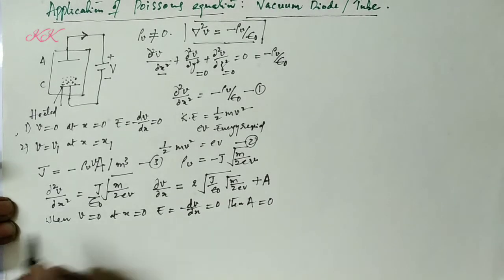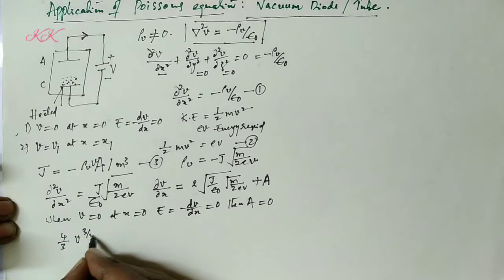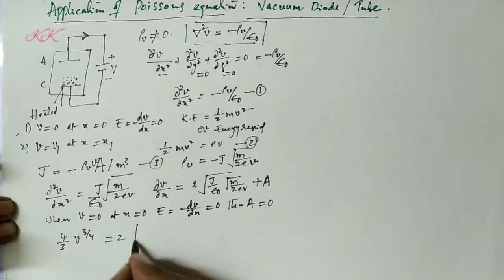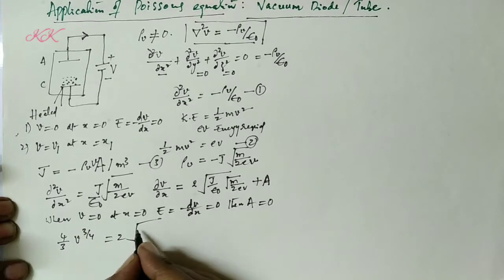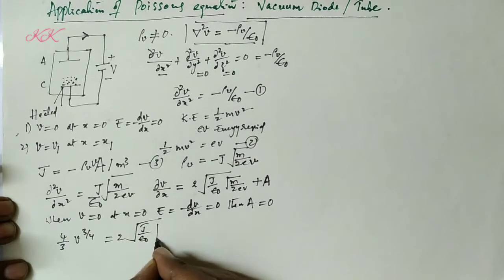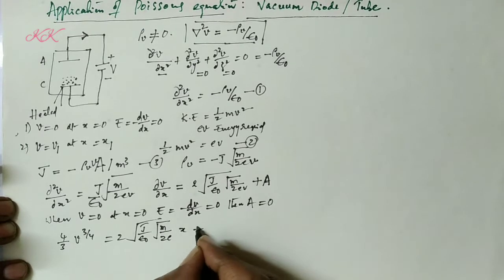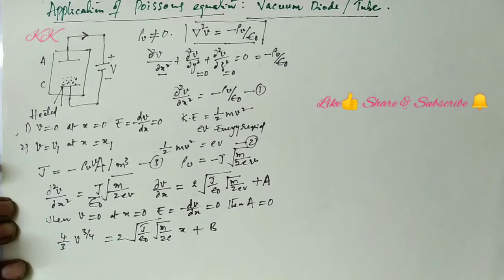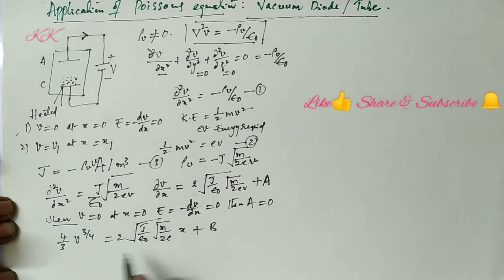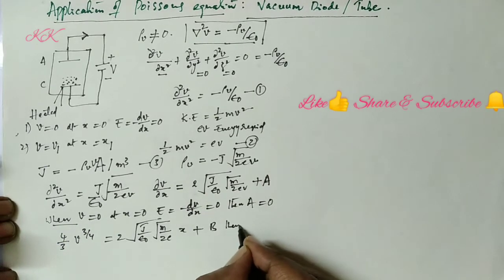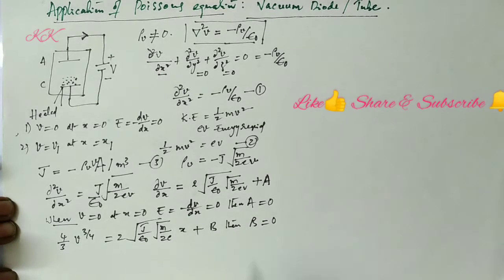Now again integrating this equation, we get 4 by 3 V to the power of 3 by 4 equals 2 J by epsilon naught square root of m by 2e times x plus B. Again, applying the boundary conditions, we get B equals 0 again.